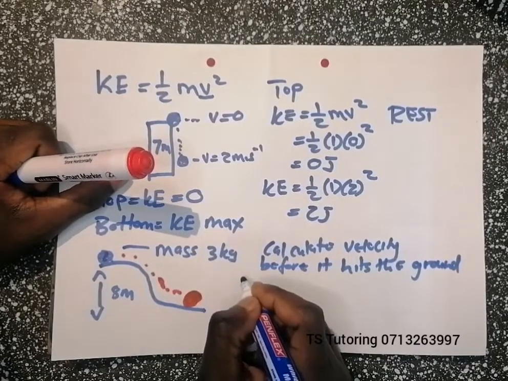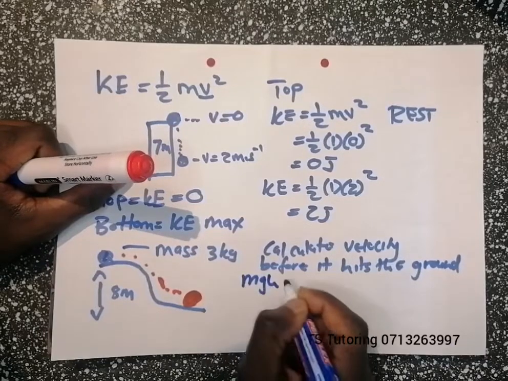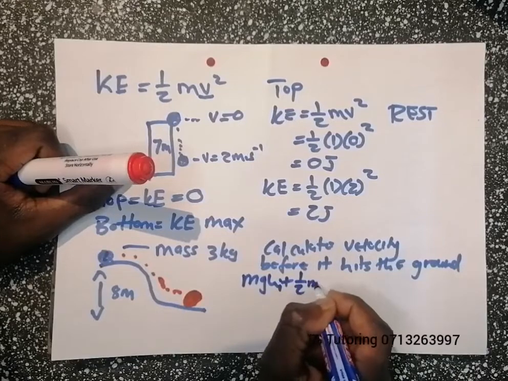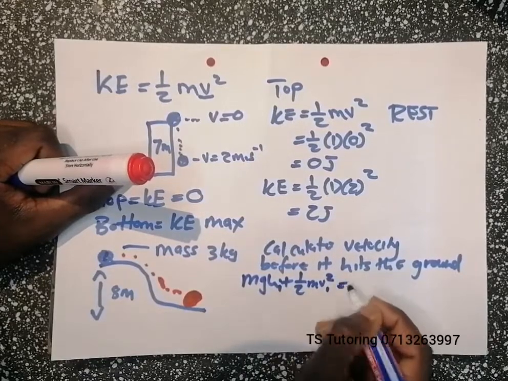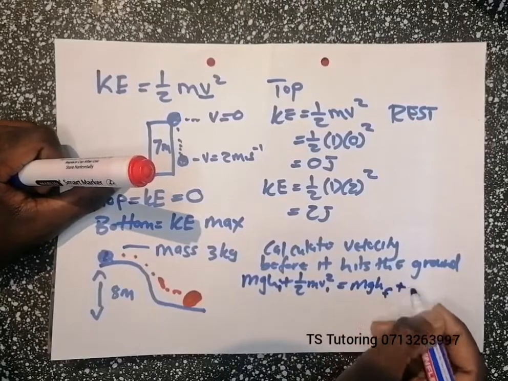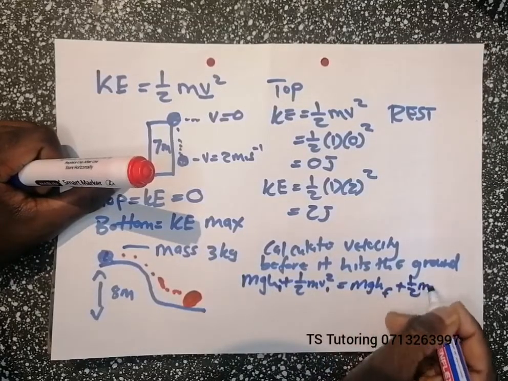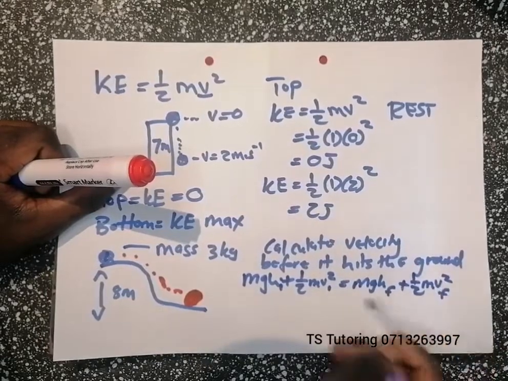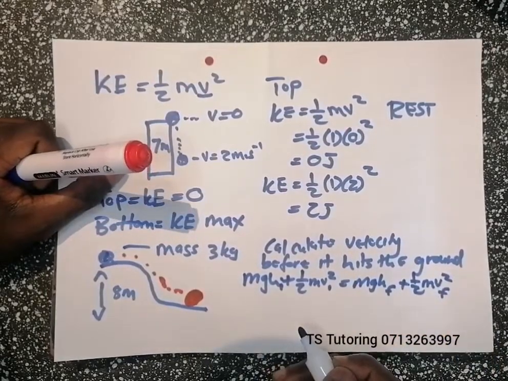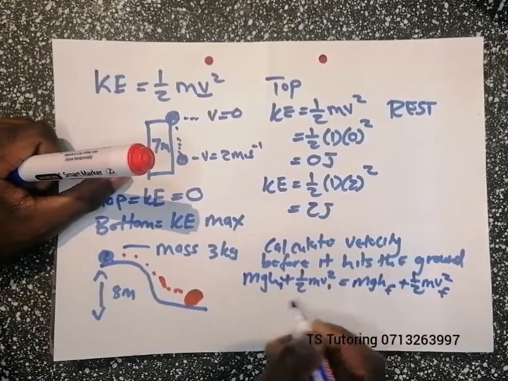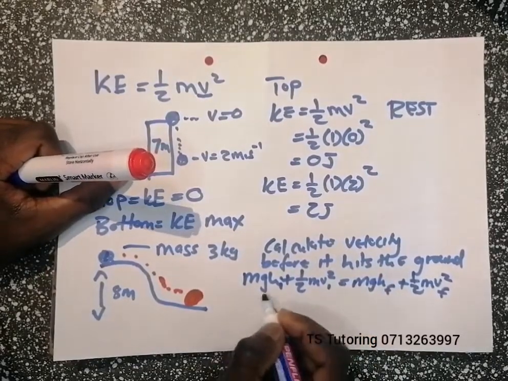So at the top, mgh initial plus half mv squared initial will be equal to mgh final plus half mv squared final. We're looking for the vf, you understand? Therefore the v initial, because it's at the top, resting, is 0. Now let's calculate the potential energy.